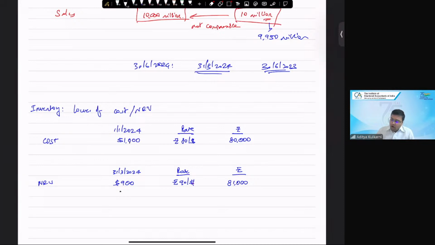You will not do anything here because this is your functional currency and you are going to evaluate the inventories NRV only in INR terms, not in foreign currency terms. Ultimately, your inventory worth 80,000 is now worth 81,000. Yes or no?